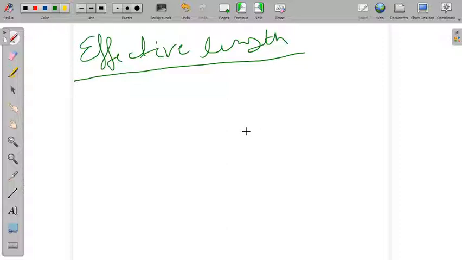Or otherwise, if we do not understand this technical term, then in a simple way I will show you what effective length is. Whenever we design, we need this effective length. The effective length is equal to a constant K times the length L. This length L is called the unsupported length and this K is called the effective length ratio. So we need to find out the effective length ratio.